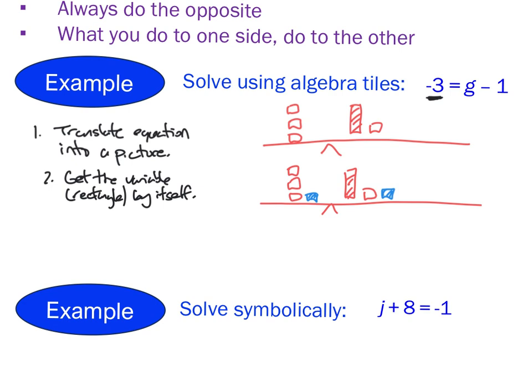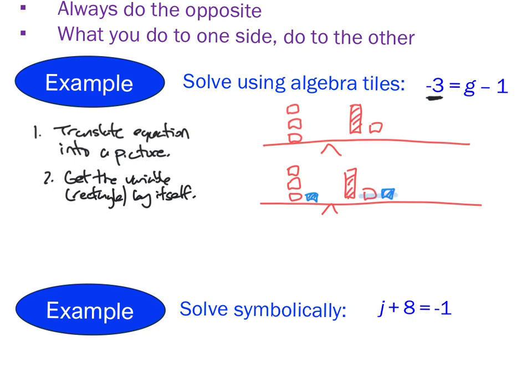And when we do that, we're also making 0 pairs. So if we take a look at this, we always have a 0 pair on the side of the rectangle, and sometimes we have more than one. But here we just have 1 0 pair, so we're just going to make that 0 pair.